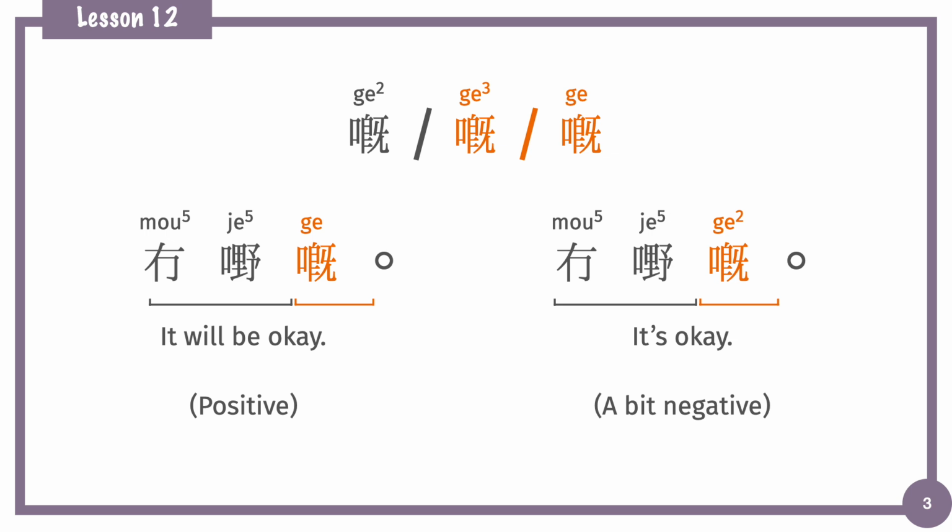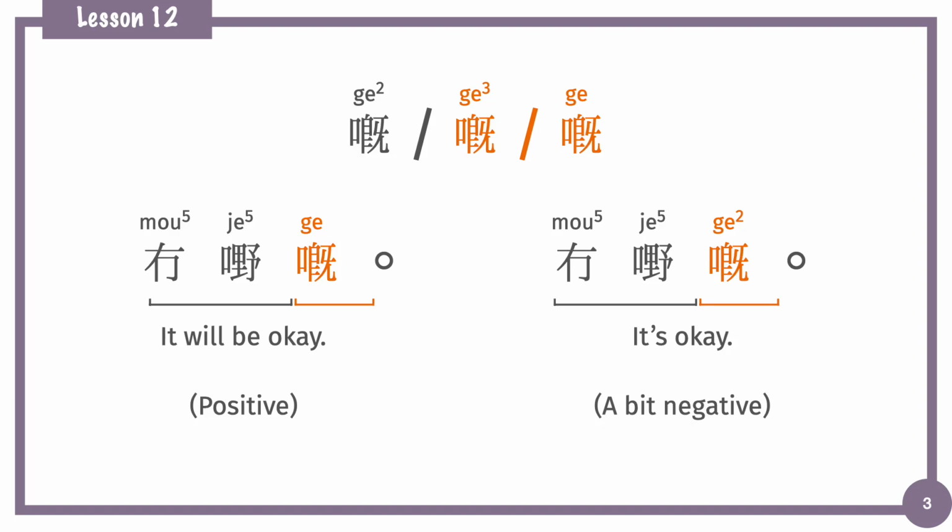Even with the same sentence, if we use a different tone word, the meaning is affected. It could be slightly different, such as the sentence 冇嘢嘅 meaning it would be okay, showing a positive meaning. When I say 冇嘢嘅, it's like I'm quite sure it will be okay.